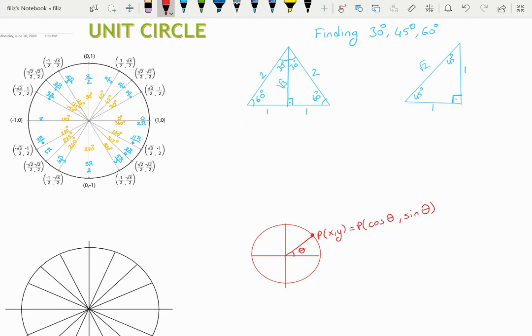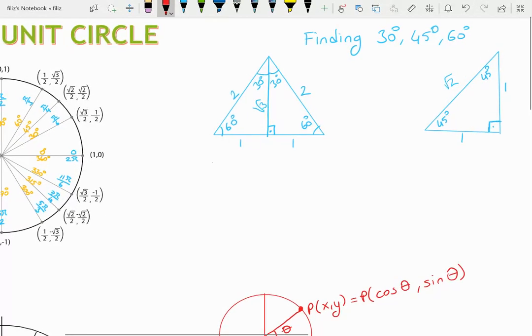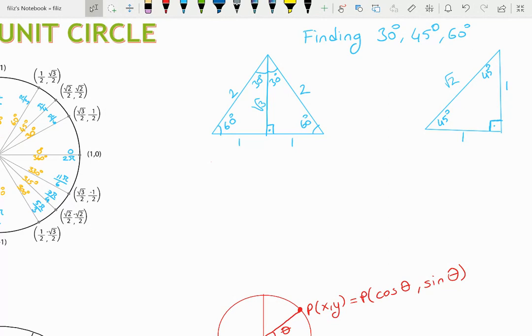So let me make this bigger. So I have one special triangle, and each side has two. So when I divide this special triangle, I will get 30 degrees here and 60 degrees here.